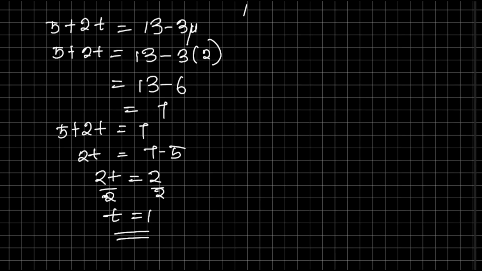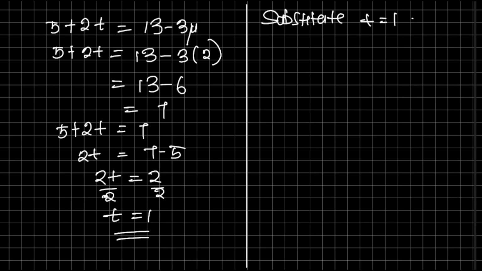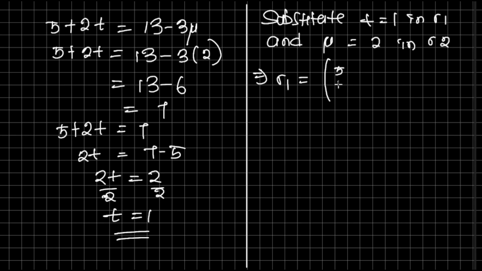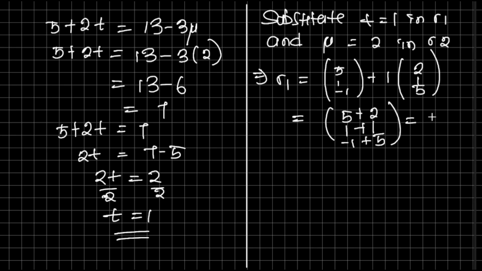So if we substitute back into the equations, substituting t equals 1 in R1 and mu equals 2 in R2, we have R1 equal to (5, 1, -1) + 1 times (2, 1, 5), which equals (5 + 2, 1 + 1, -1 + 5), which is (7, 2, 4).